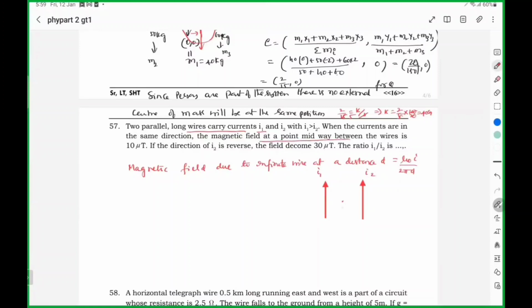The magnetic field at a point P, midway between them, let us assume at distance D. If you put your thumb in the direction of current, the fingers will curl like this. So it is inwards.